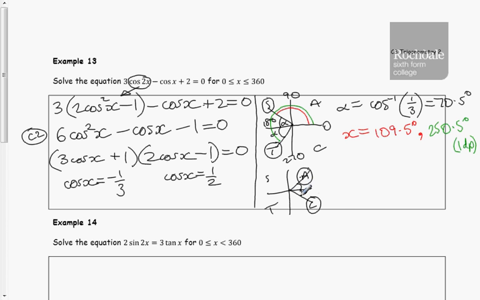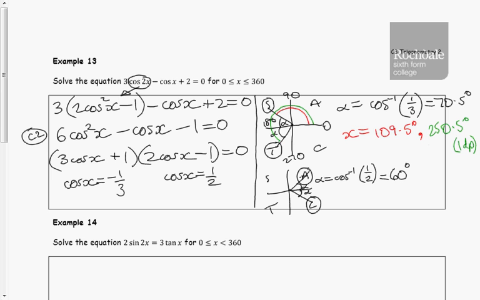Draw a line in each section, and the angle that those lines make with the horizontal, I like to call alpha, and then alpha will be inverse cos or arc cos of a half, which you should know really is 60 degrees, or you can always use a calculator to check.